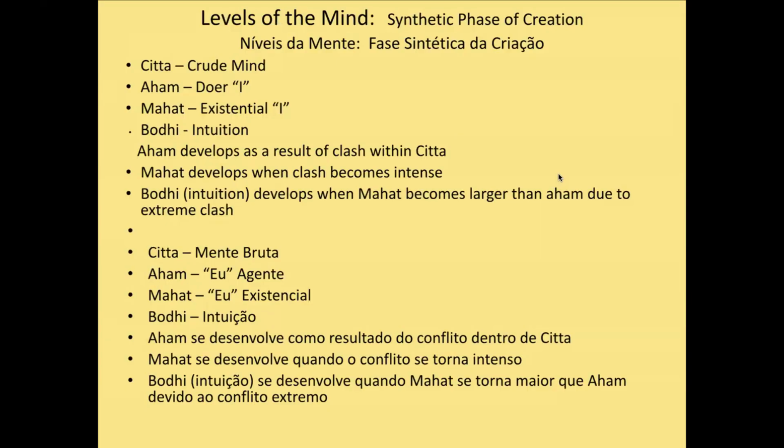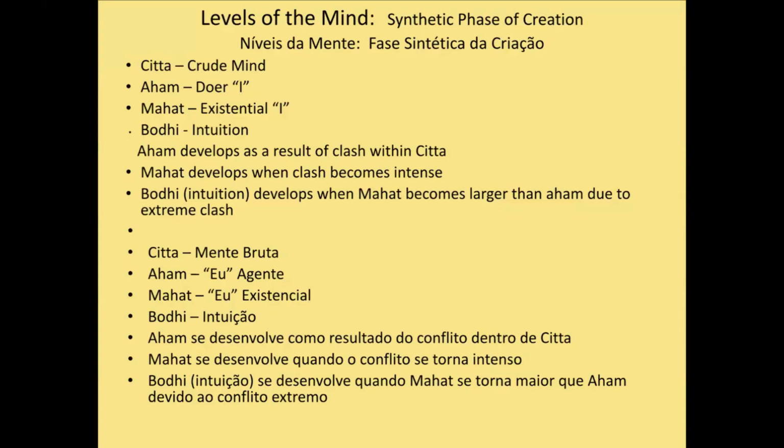So what we've experienced is different levels of the mind. We refer to it as a synthetic phase of creation rather than analytic. It's a systemic experience of bringing things together rather than taking things apart. We begin with the crude mind, the chitta. The ahang is the doer I, the ego. There's a transition from the crude mind to the doer I, the ego, and then to the mahat, the existential I, and finally the intuition.